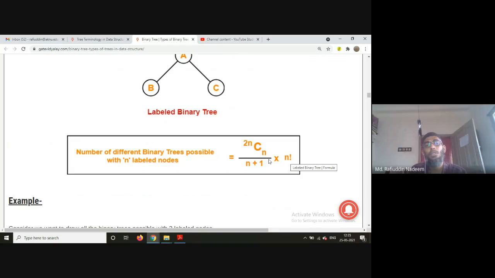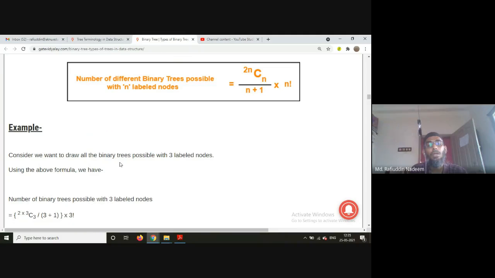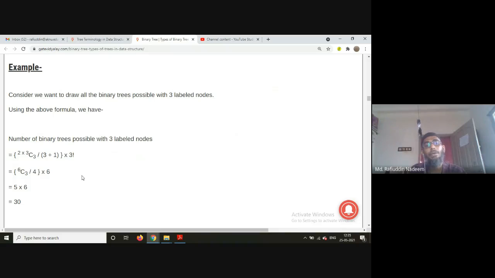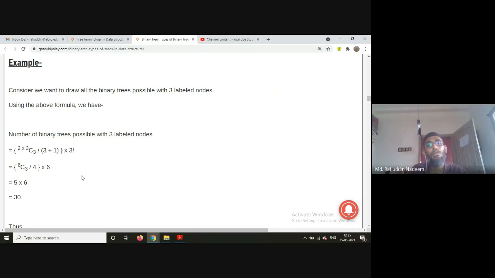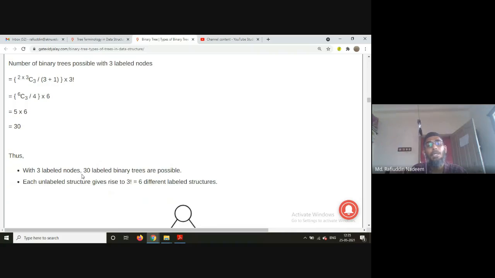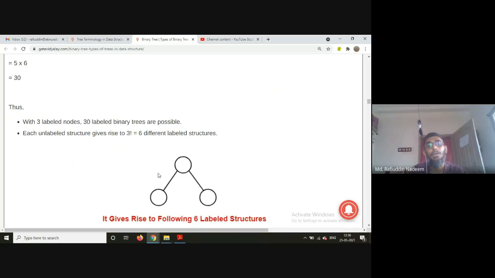So 6 into 5, 30 different combinations can be formed here. So with 3 labeled nodes, 30 labeled binary trees can be formed. Each unlabeled structure gives rise to 3 factorial, that is 6 different labeled structures.